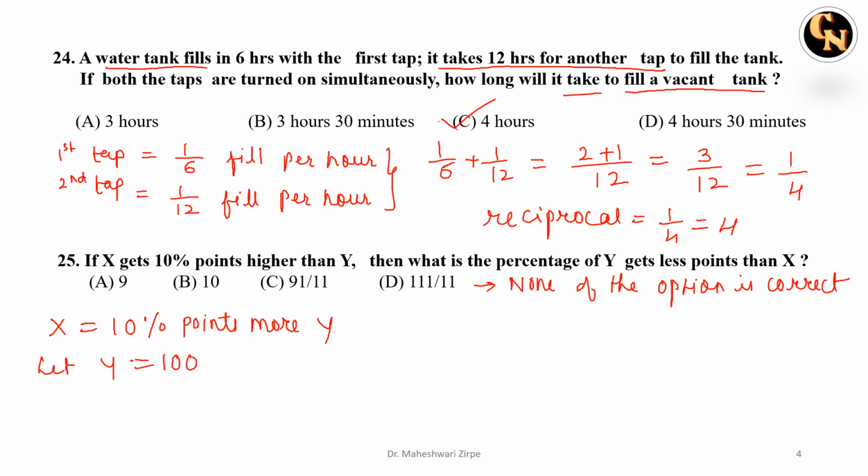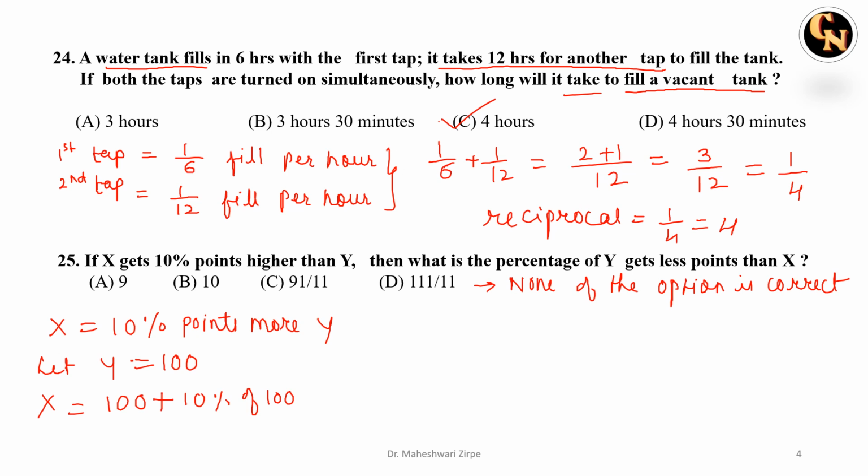If Y is 100, then what will X be? X is 10% more, so it is 100 plus 10% of 100.